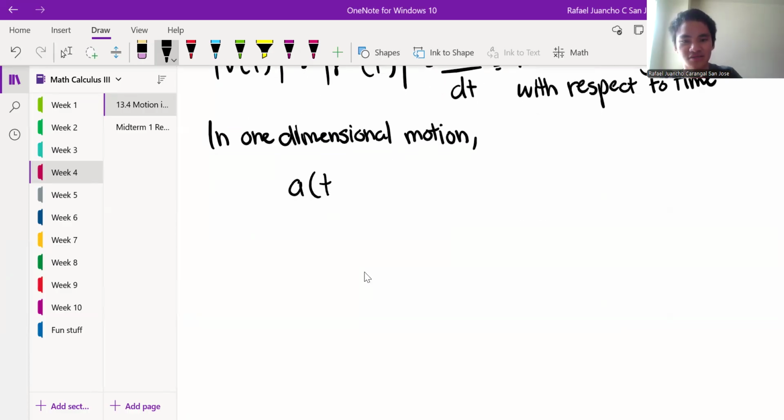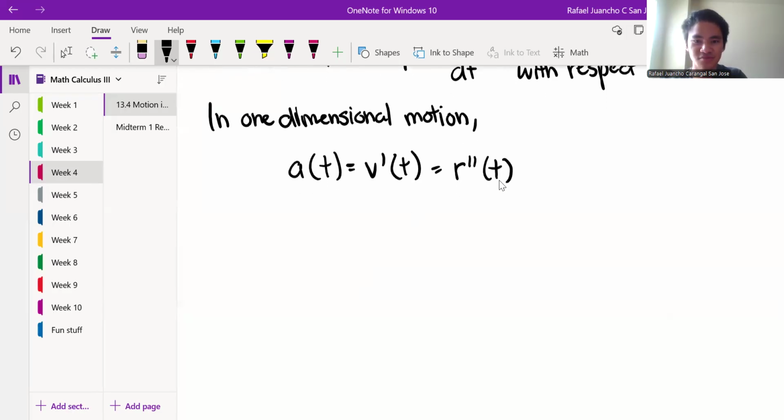So the acceleration is the derivative of the velocity. Here I'm writing it in my notation. And believe it or not, it's the double derivative of my position. So this is my position. I think it's the double derivative. I get a of t. I get the derivative of my position, I get my velocity.